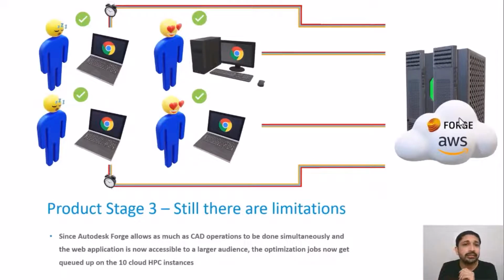And that is the reason that when lots of people start using this service, their jobs are expected to go into a queue. As we remember, some time back we saw that on a desktop computer it was taking around 6 to 24 hours to run these optimization jobs. But now, since we moved to cloud, it is taking around 30 minutes to 2 hours, depending on the size of the job.